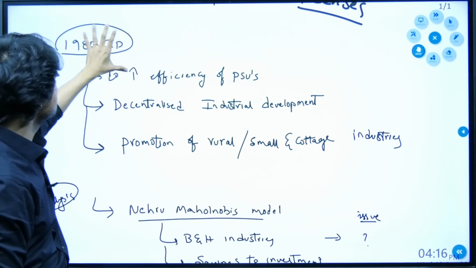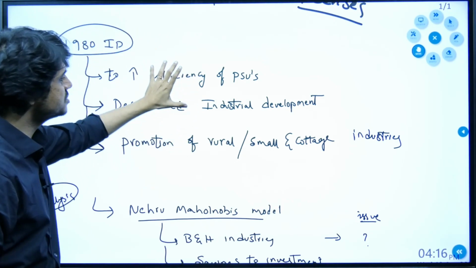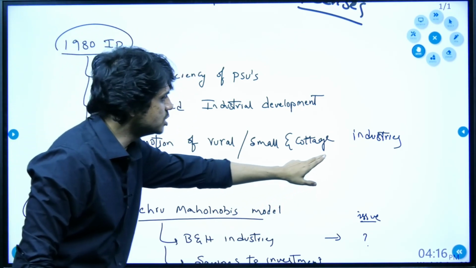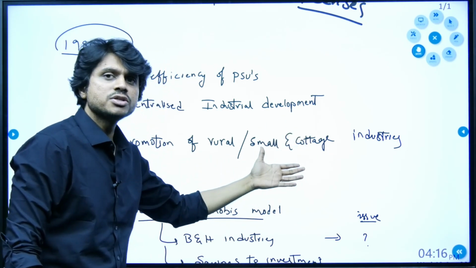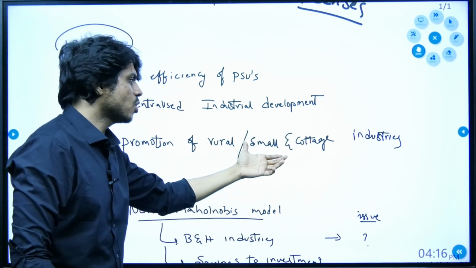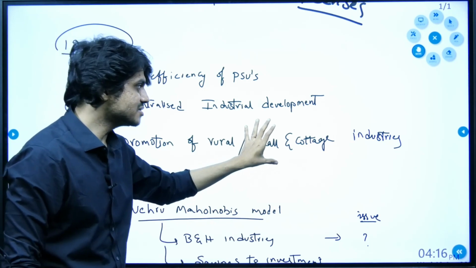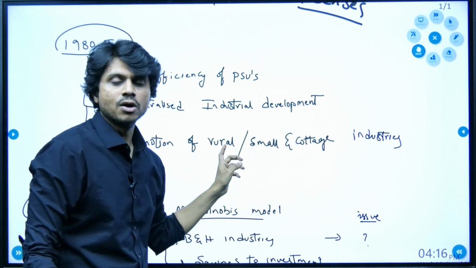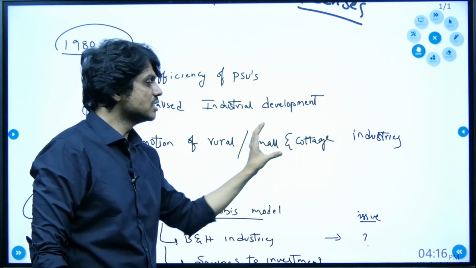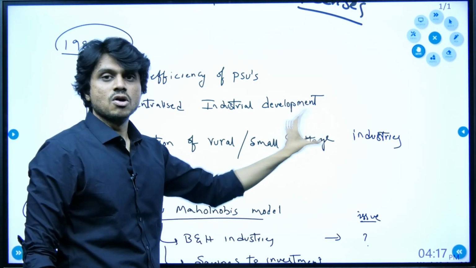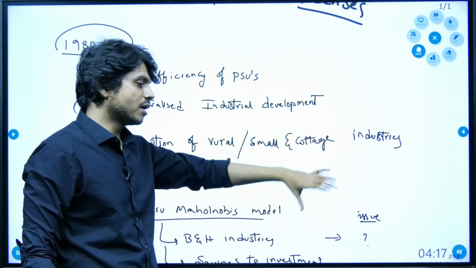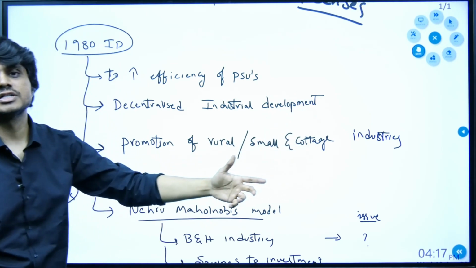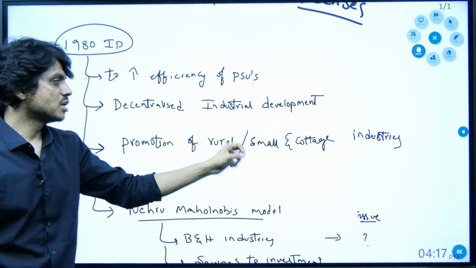Okay, now if I have to remember the 1980 industrial policy, I will remember these things. The promotion of rural and small cottage industries, and also what they used to do, till the 1990 policy, was that certain things could be produced only by these industries. Only the small and cottage industries had certain items reserved or listed. The MNCs or major private sector companies could not produce those items.